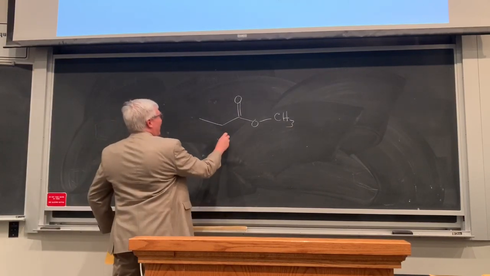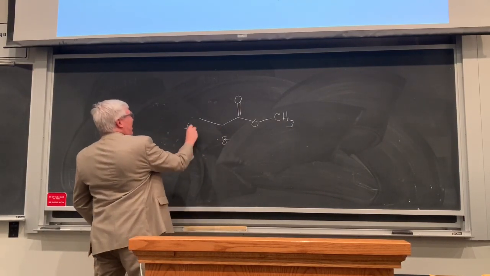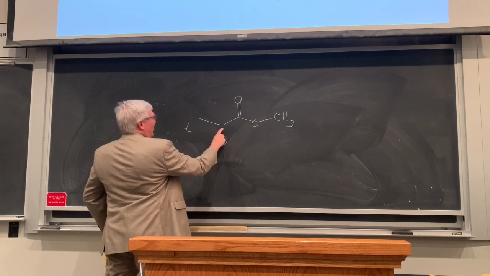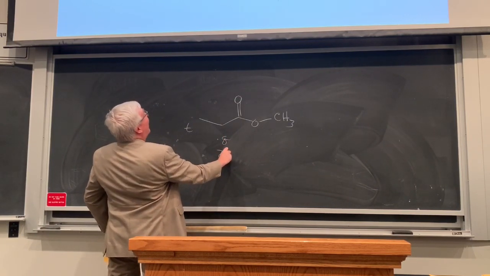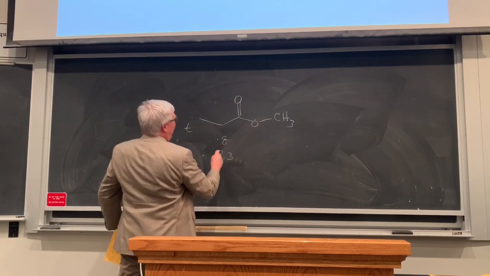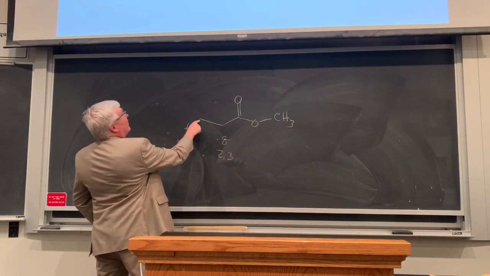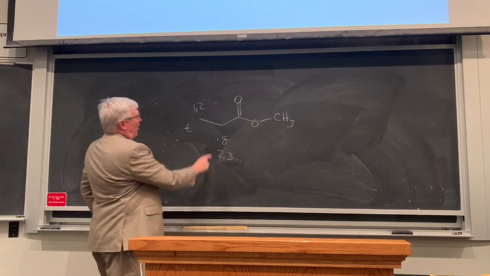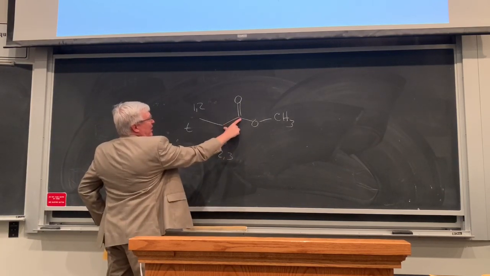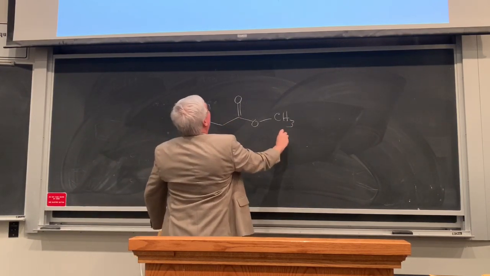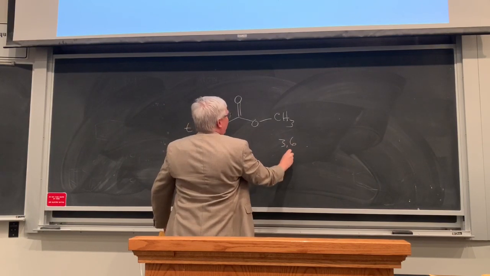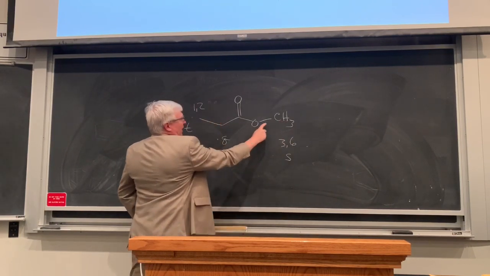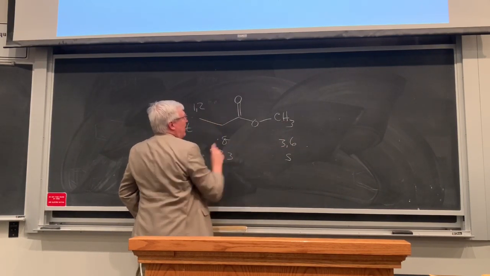We saw a quartet, we saw a triplet, and this quartet was at 2.3 ppm, and this was 1.2, where the triplet is. So our ethyl group's on this side of the carbonyl, right? And then we have this singlet at 3.6 for 3H. And that's alpha to the oxygen, so that's further downfield.